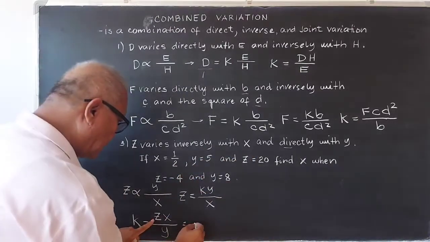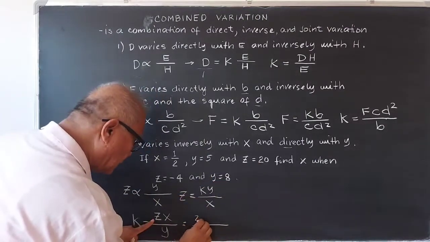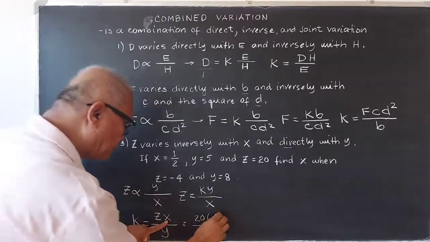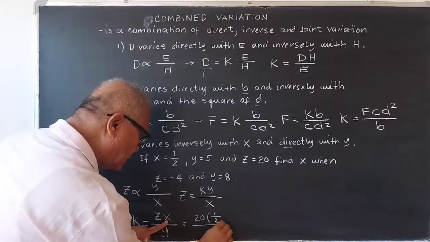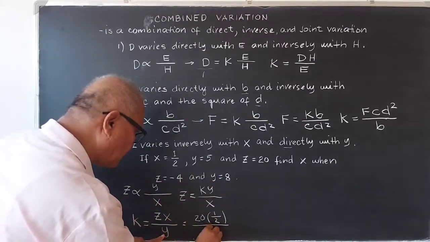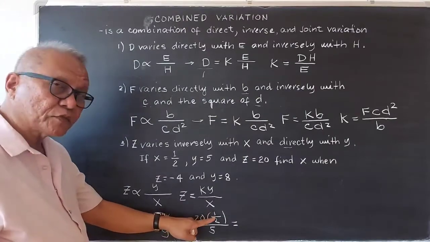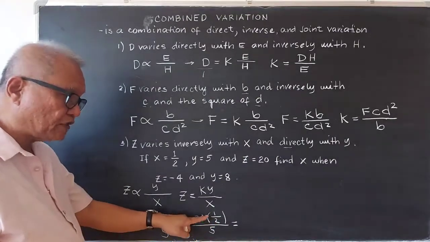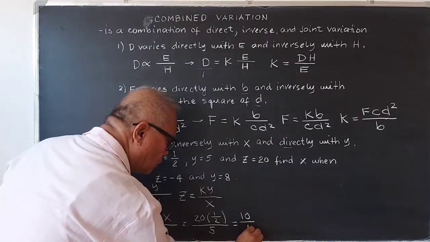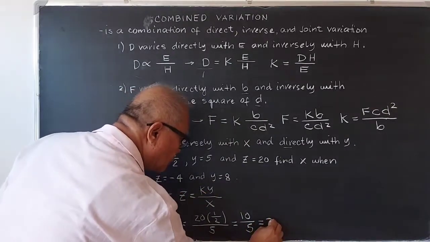So we put here the Z is equal to 20 times the X, which is 1/2, over the Y, which is 5. 20 times 1/2 is actually 20 divided by 2 is 10 over 5. And 10 over 5 is equal to 2.